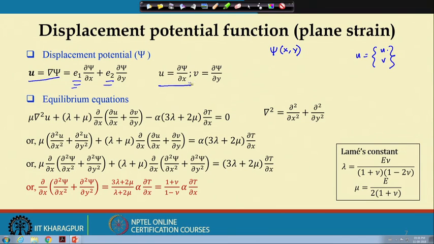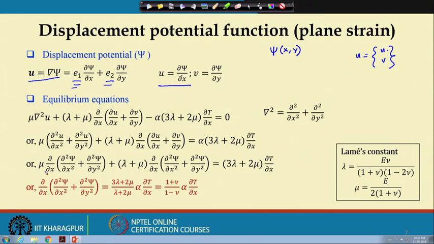Now, if I use this form, then I get the equilibrium equation that we have already seen in terms of displacement. So, mu into del square u plus these quantities. So, u is essentially del psi by del x. After some rearrangement I will substitute this psi here.